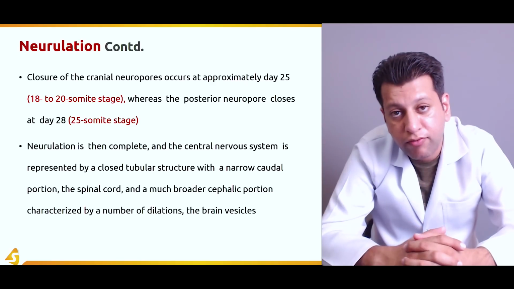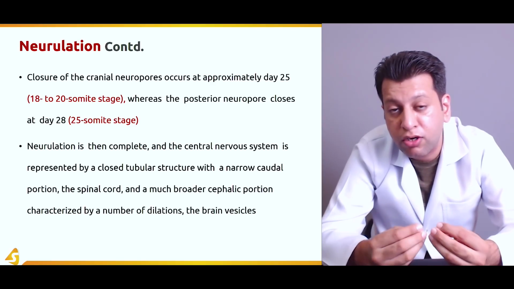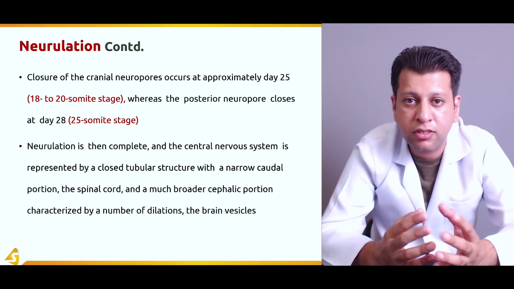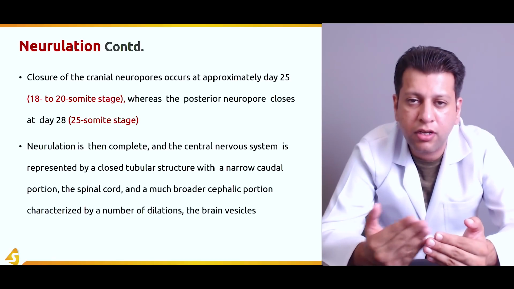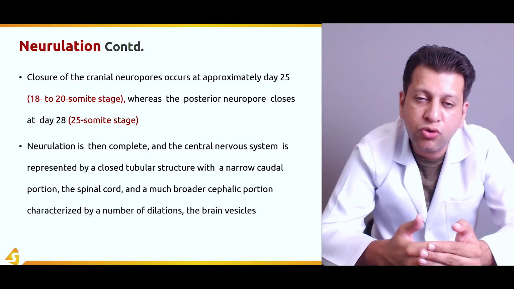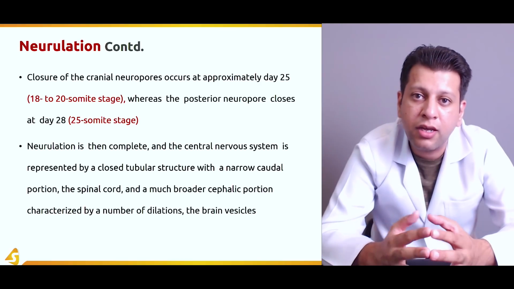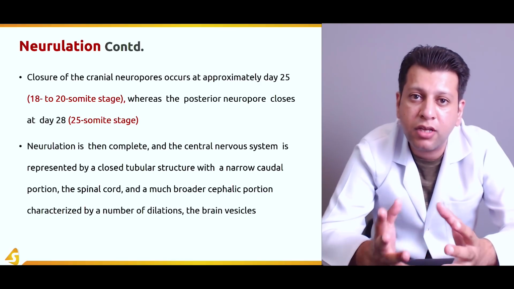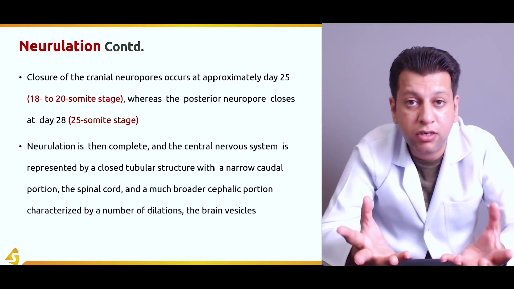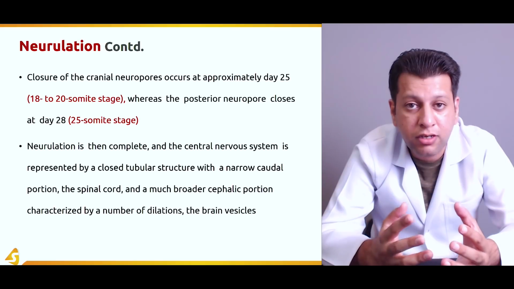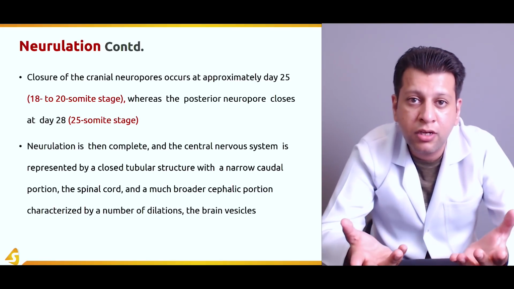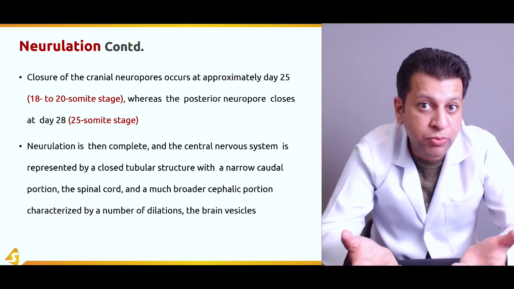For example, if the anterior neuropore fails to close and there is a definite link or communication between the amniotic cavity and the neural tube, then this results in anencephaly, where the brain vesicles do not appear and the brain of the baby does not develop. As a result, this leads to a disastrous condition called anencephaly, in which the baby is born but there is no brain.